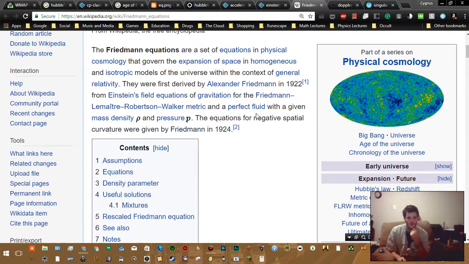We assume, first of all, that space is homogeneous and isotropic. That means that in this little picture here, you're seeing basically the same thing, within a little bit of fluctuation. It's pretty much the same picture. All of the points here where they're redder are going to even out with the ones that are very blue.